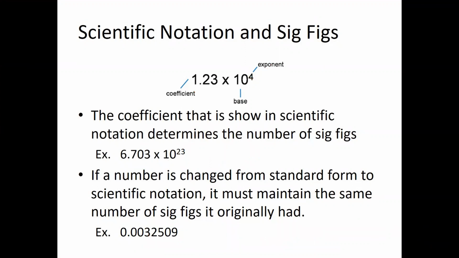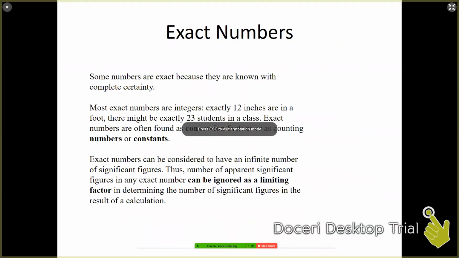All right, last little bit, exact numbers, and I talked about this before too. Exact numbers are numbers that do not affect your sig figs. So they're like counting numbers or maybe like a measurement. We know there's 12 inches in a foot. Even though we don't write it, that's 12.0000, an infinite number of zeros.